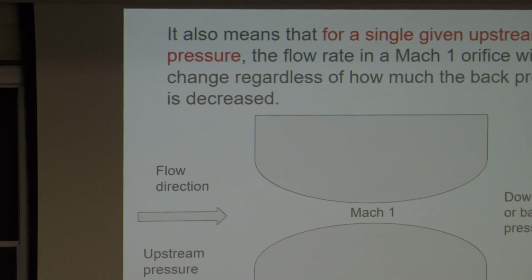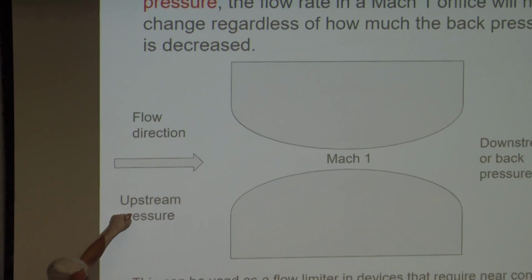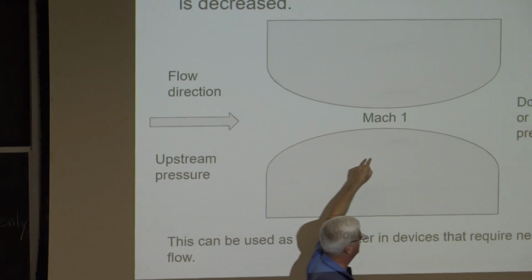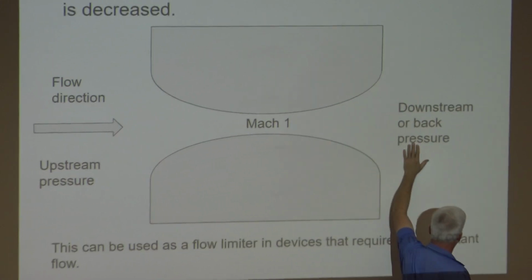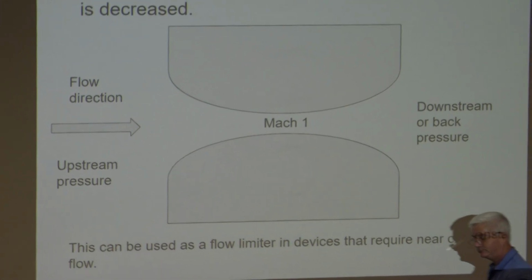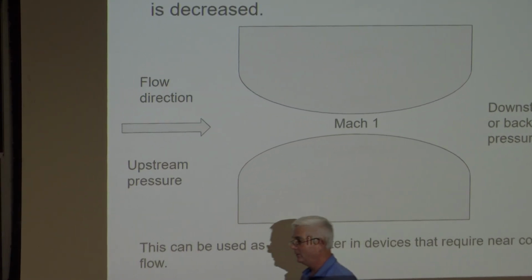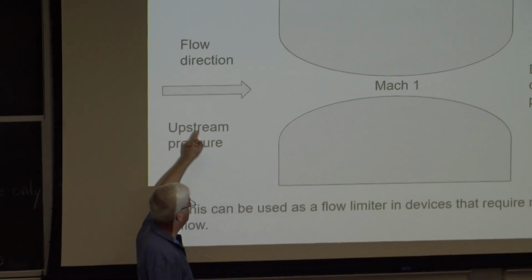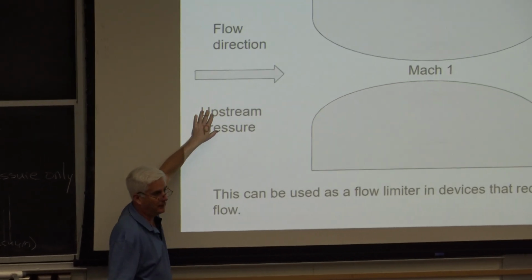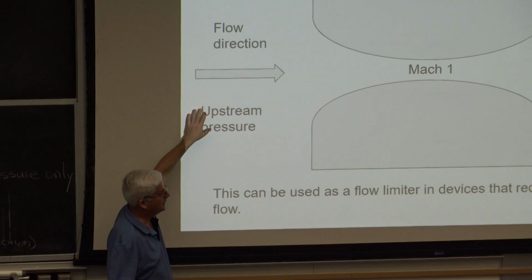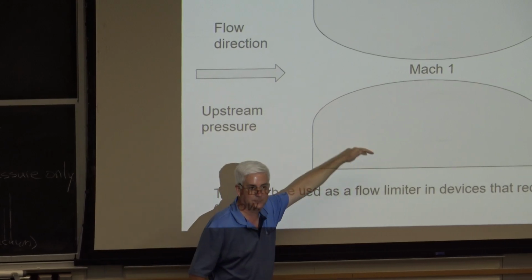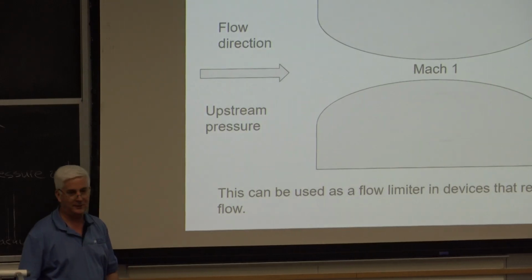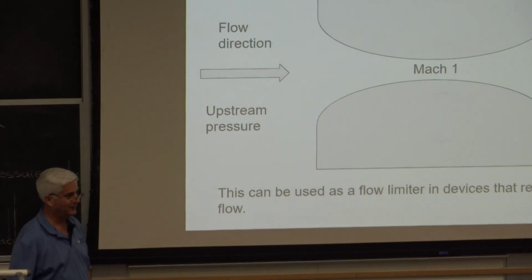For exactly one pressure, you go to Mach 1, no matter how much I lower this back pressure, it's not going to change the flow rate. If I change the upstream pressure, if I pressurize this, yes, I can get more stuff to flow through there. Absolutely. And I totally screwed that up getting ready for this lecture.